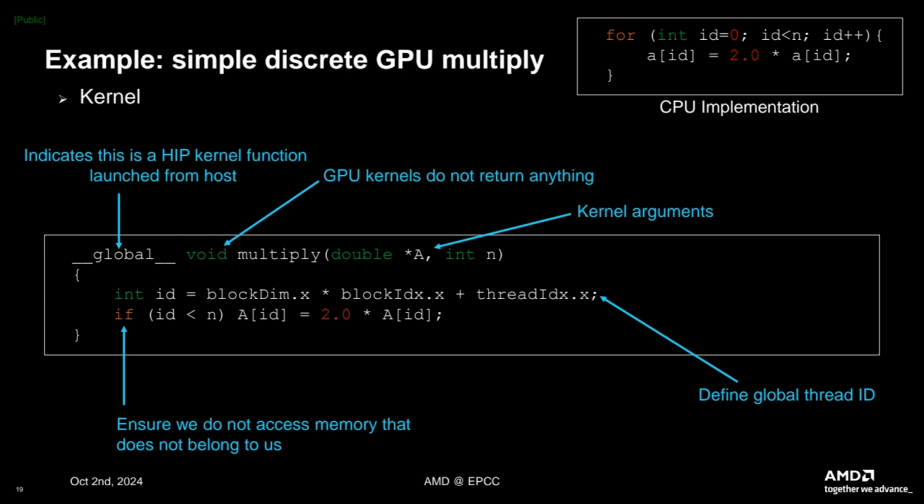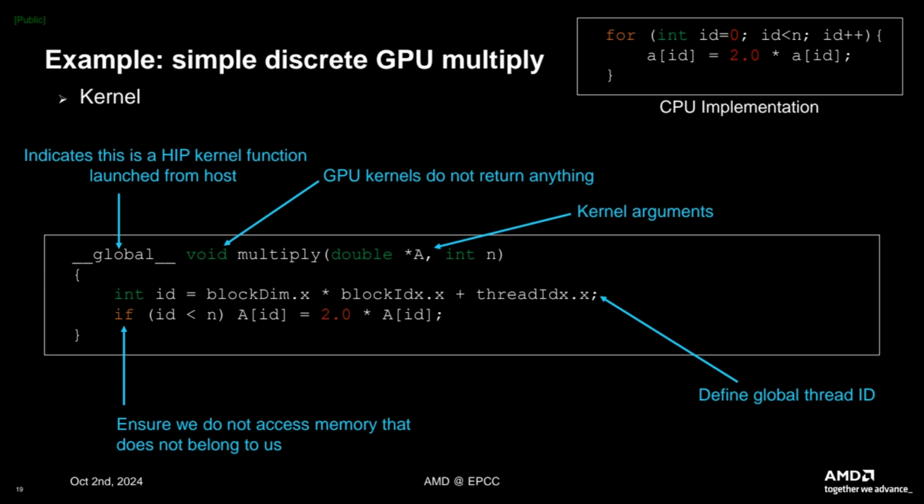This is going to create a different set of problems that we'll address in the next slides. The important thing to be aware of in this specific case is that the global ID of your thread may be more than the dimension of the array because of the way we have defined the grid. We have to be careful not to go out of bounds in the array addressing, and therefore we need this if condition to make sure that ID is not bigger than the size of the array.